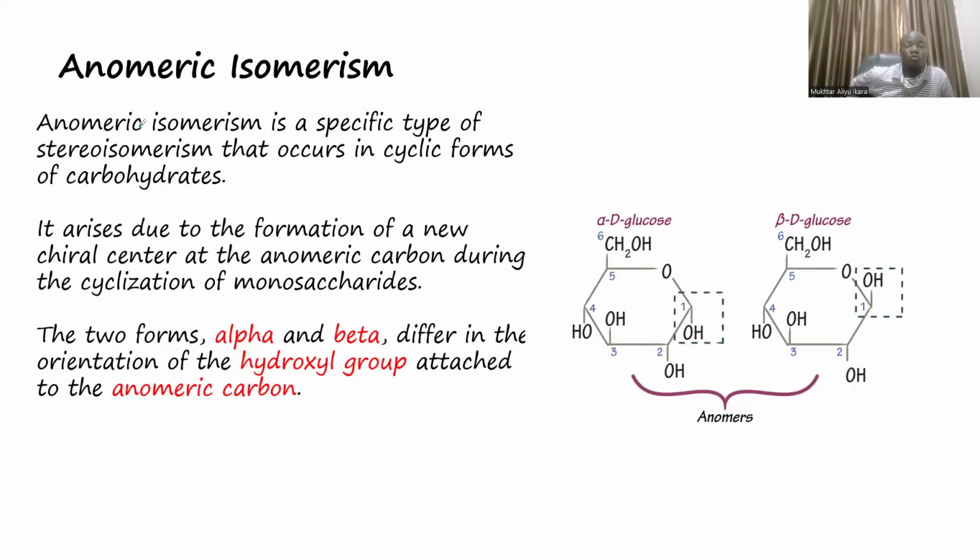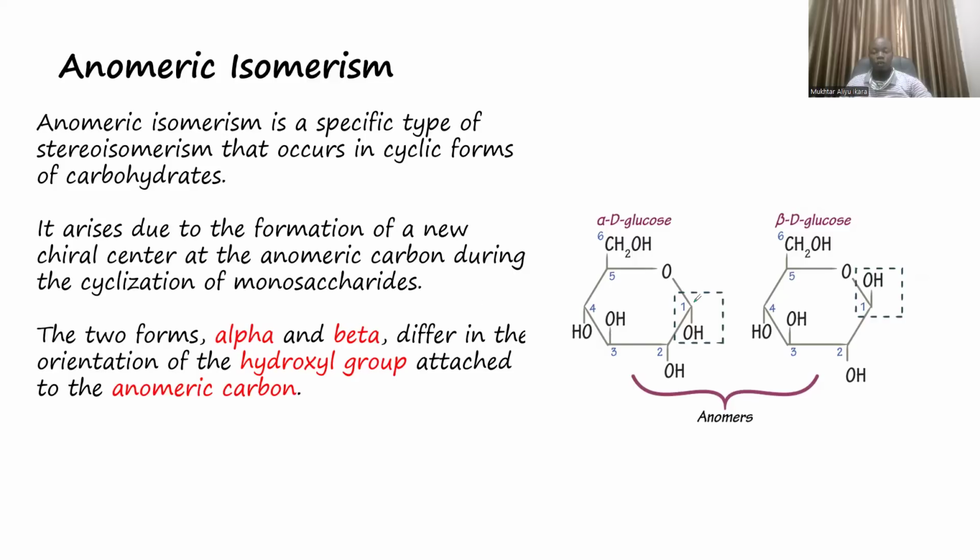It arises due to the formation of a new chiral center at the anomeric carbon during the cyclization of monosaccharides. We have two forms, alpha and beta, which differ in the orientation of the hydroxyl group attached to the anomeric carbon.